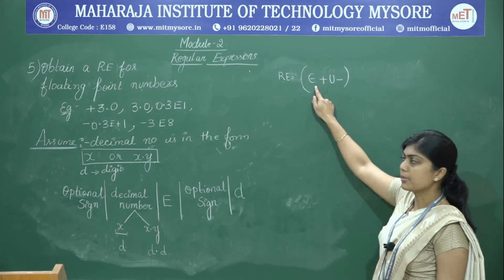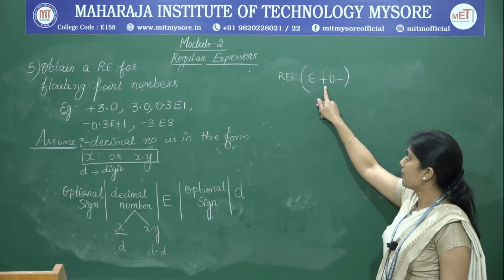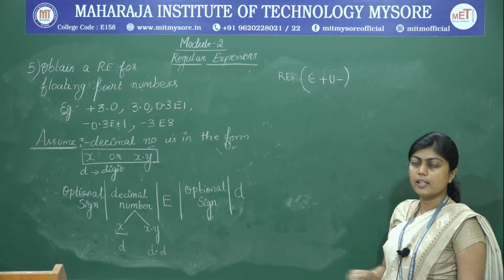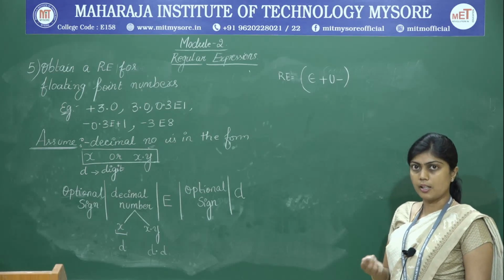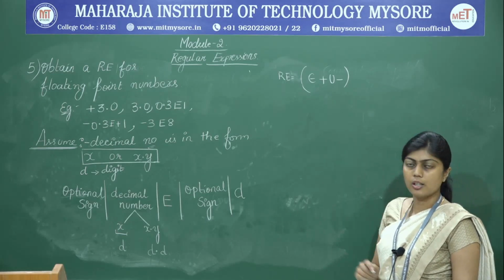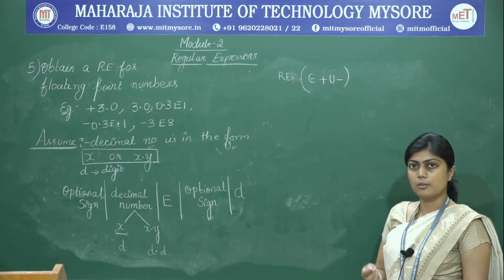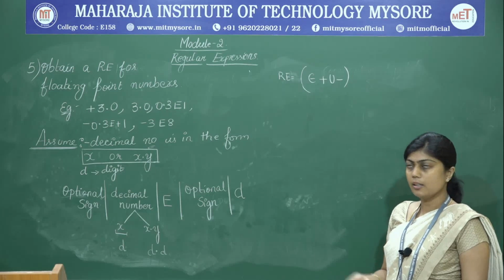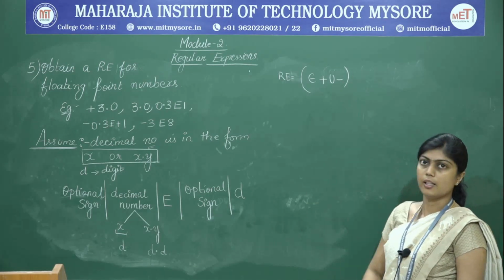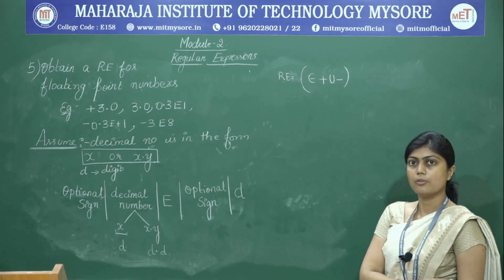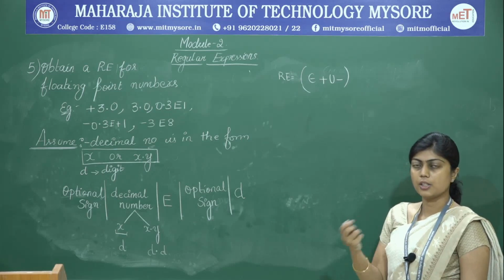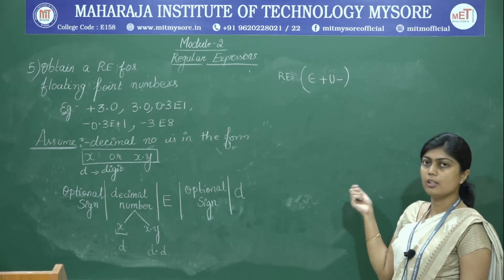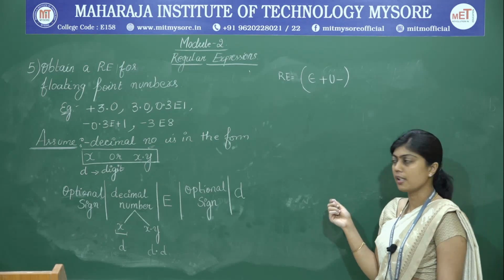Either we choose an epsilon or we choose a plus or we choose a minus. In case the number does not have a plus or minus sign at all, then we choose epsilon. In case the number has a plus, we choose the plus from the entire expression. If it has a minus, then we choose the minus. That is the meaning of saying that it is an optional plus or minus, that is, an optional sign.